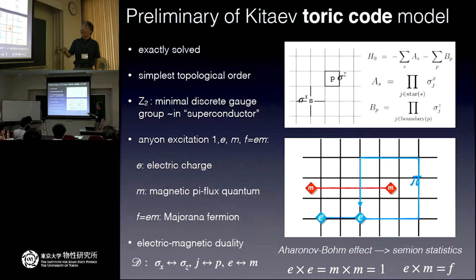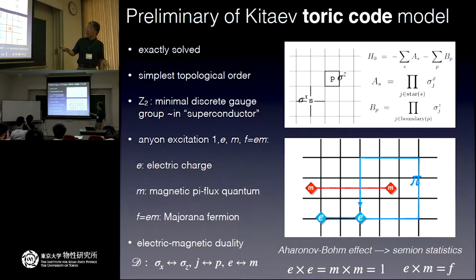One is called the electric charge, sitting on the vertices. Another excitation is called the magnetic flux, around the plaquette. And the third elementary excitation is the so-called bound state of electric charge and magnetic flux. They call it the fermion state.